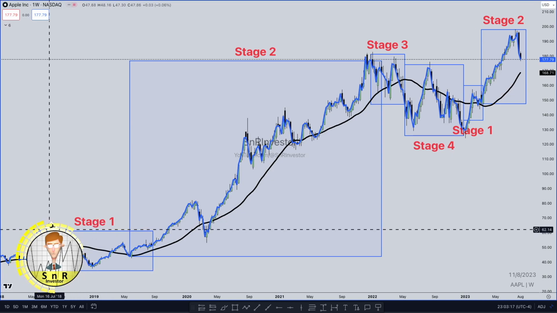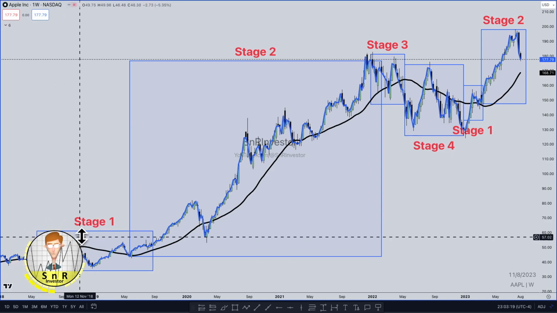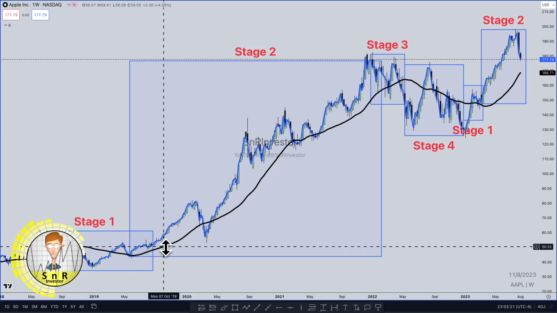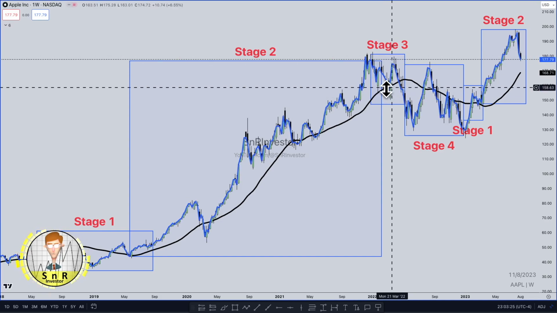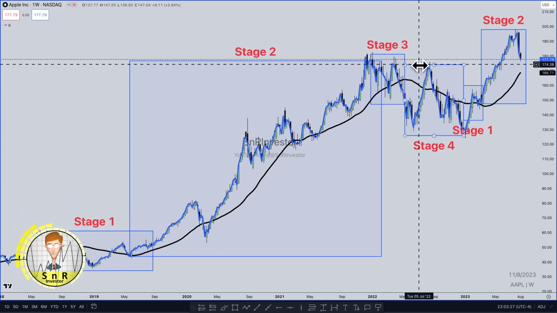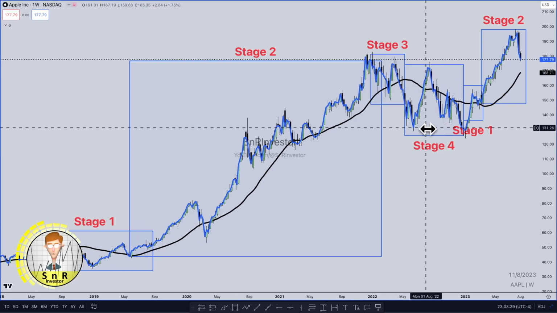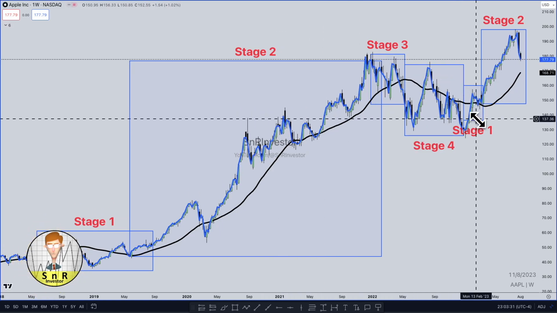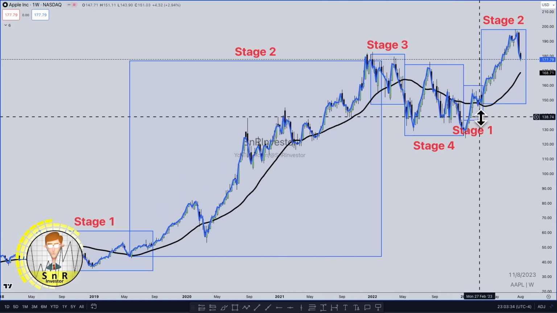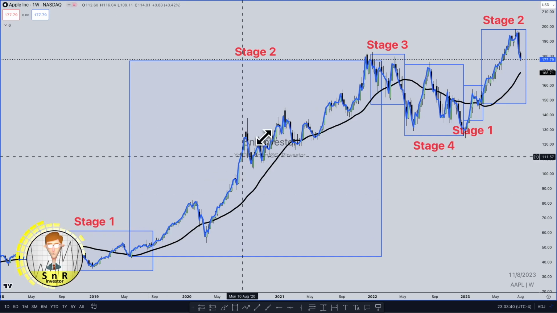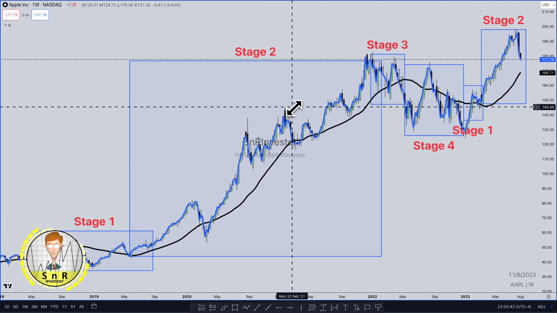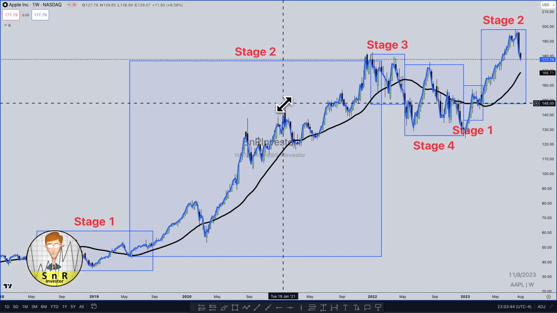So you can see that stage 1 can be a very small range, stage 2 can be a very huge range, and then your stage 3 can be in a larger range than your stage 1, and then stage 4 can be a very small range compared to stage 2, and then the new stage 1 can have a different size of range. So the sizes, the magnitude of the range can differ between the stages as price behaves as it behaves.